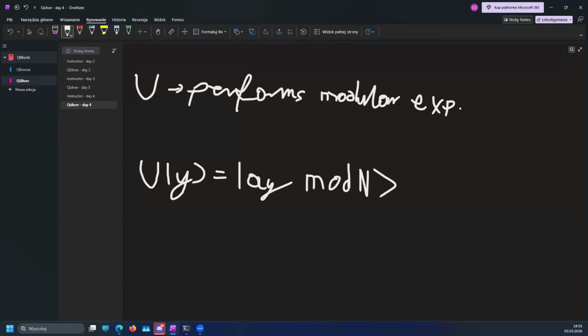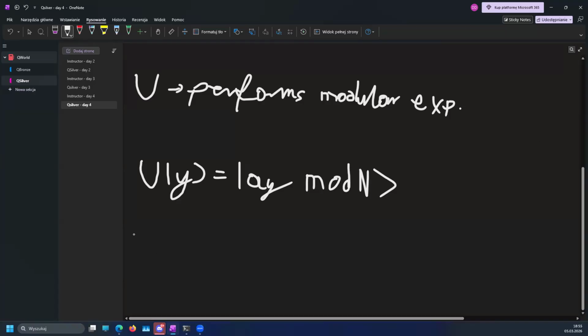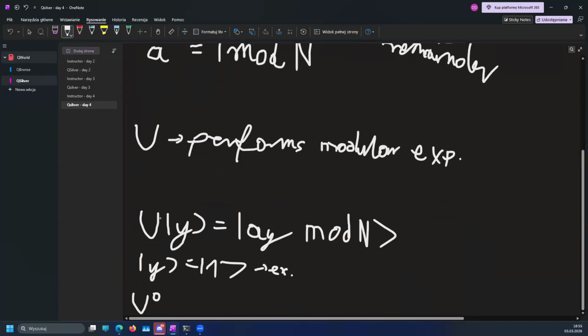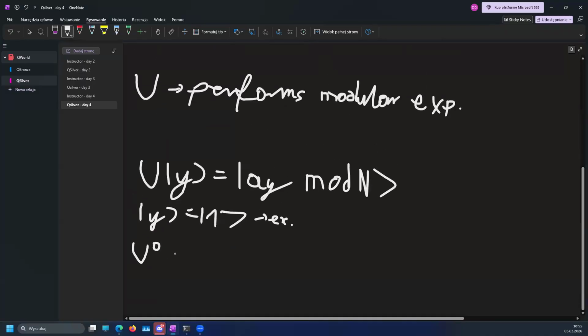So let's now repeatedly apply U. Let's say that our vector is just the state 1, to make it simple. Just for example, let's say that this number represents our R, and we will try to guess what happened.